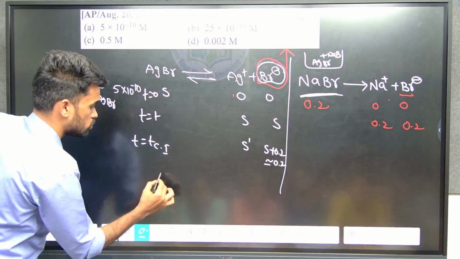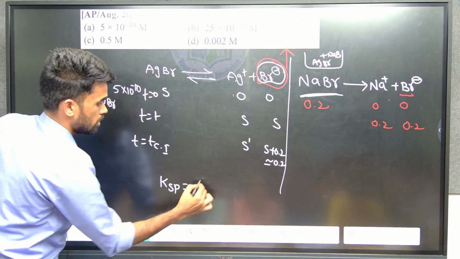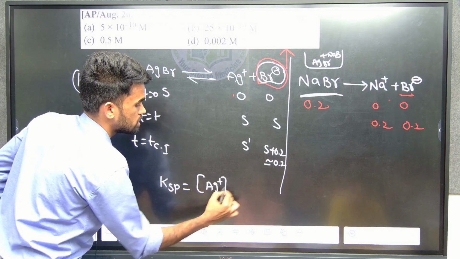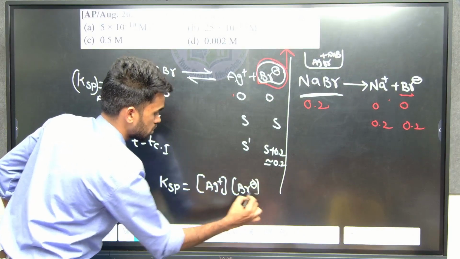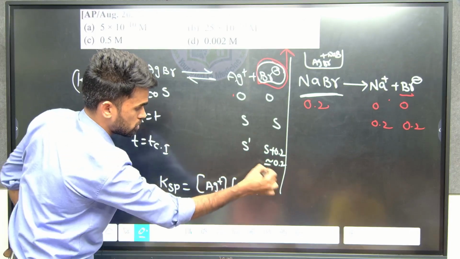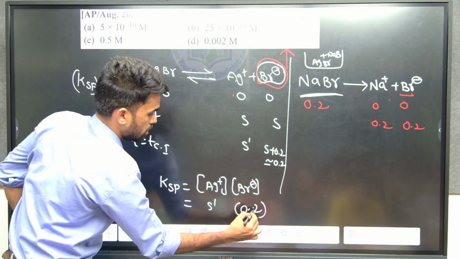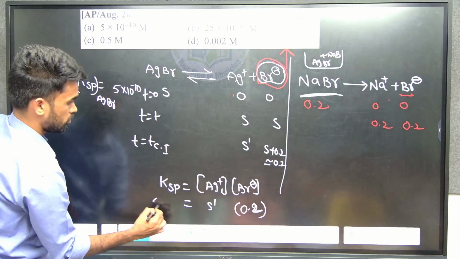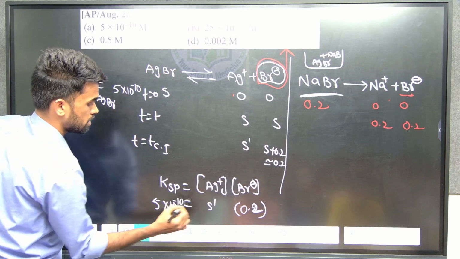So now tell me how to write KSP. Concentration of Ag plus times concentration of Br minus. Ag plus we took as S dash, Br minus net came to 0.2. Here KSP is 5 into 10 power minus 10.